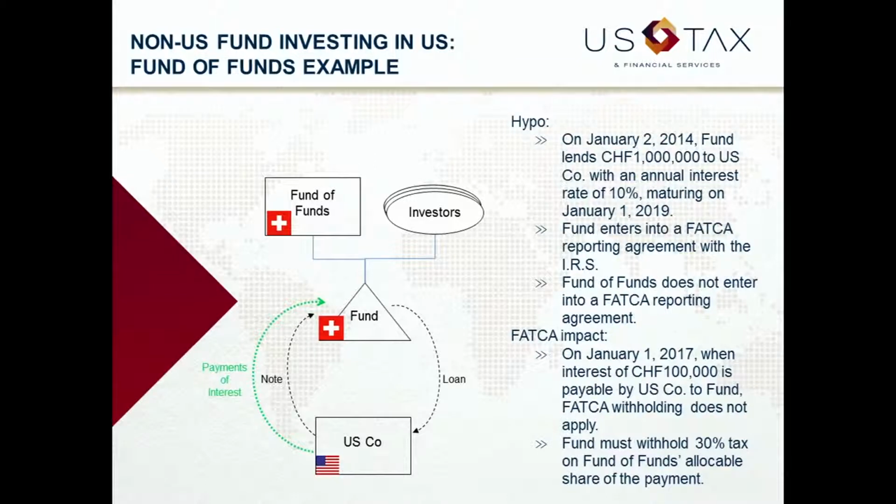And so you can see that in 2017, when there's an interest payment made by U.S. co to the Swiss fund, there's no withholding required on that payment because we have an IRS reporting agreement in place. However, by virtue of its reporting agreement, Swiss fund agrees to act as withholding agent on behalf of the U.S. government and would withhold 30% of the allocable share of income which would be flowing up to fund of funds.